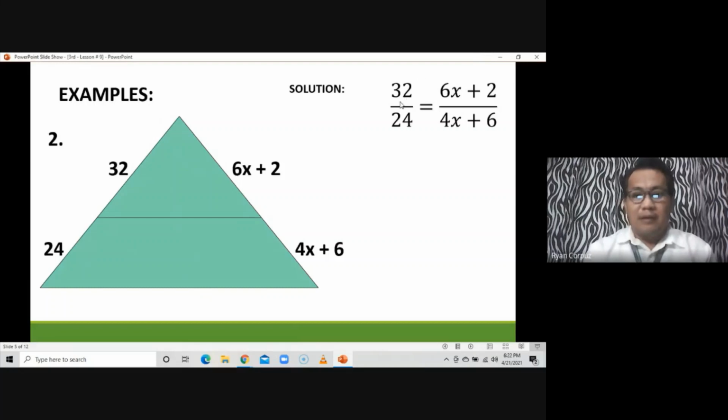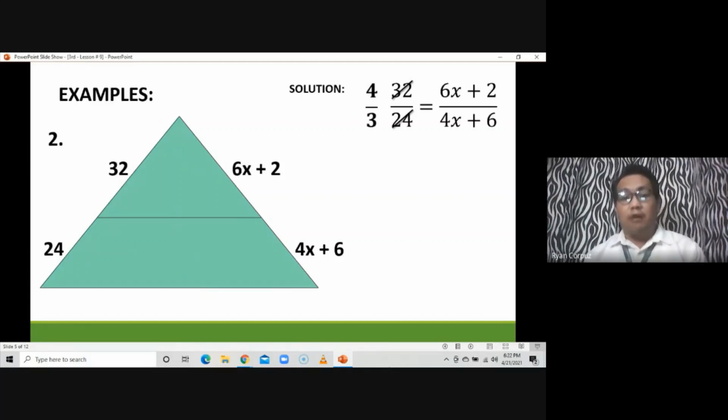As mentioned in example number 1, it is much better if we can reduce a ratio with no variable involved to lowest terms, because that makes solving easier, since we will encounter smaller numbers. 32 over 24, when we reduce it to lowest terms, both are divisible by 8. 32 divided by 8 is 4, while 24 divided by 8 is 3.